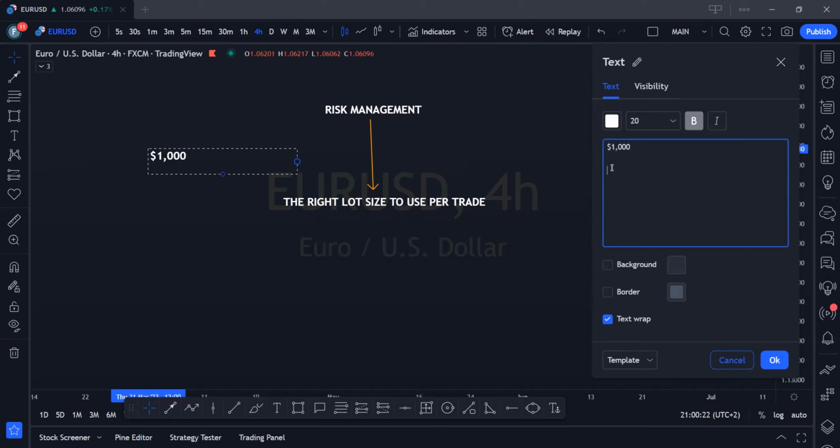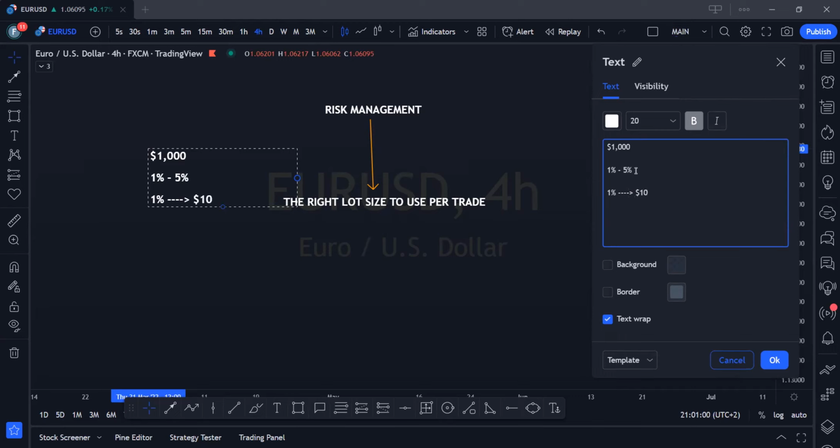Now, my recommendation as a beginner is that on every trade, you want to risk between 1 to 5% of your account per trade. So if you are risking 1% per trade, that means if that trade goes against you, you would only lose 1% of your account. And that is just $10.